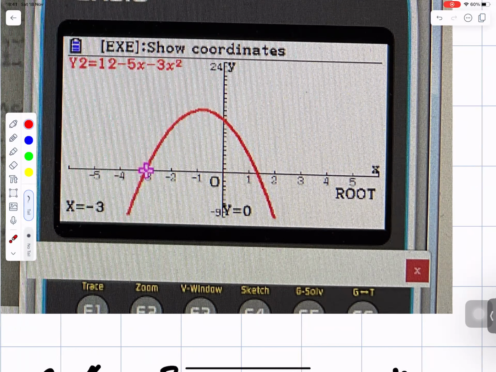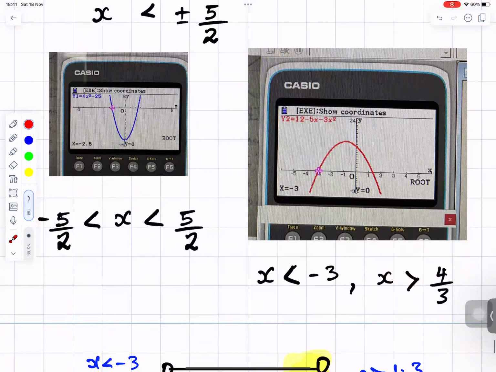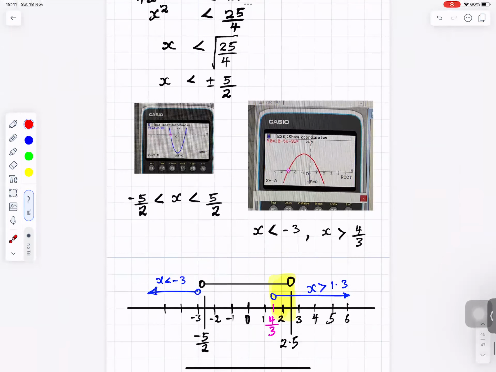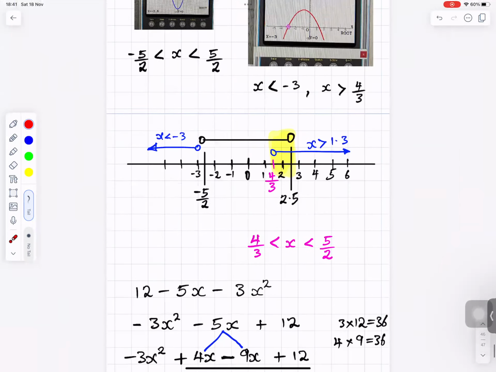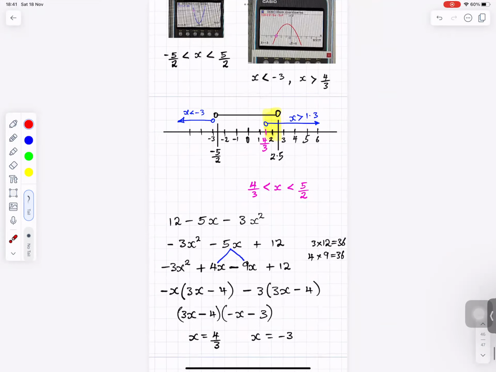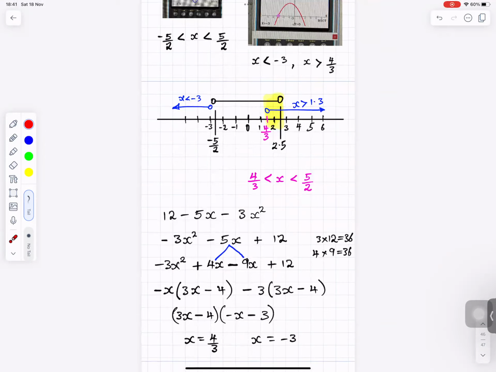So you want it to be bigger than 0. So you want the points which are bigger than 0, from the equation. Now we want to find the points which are common for both of them.